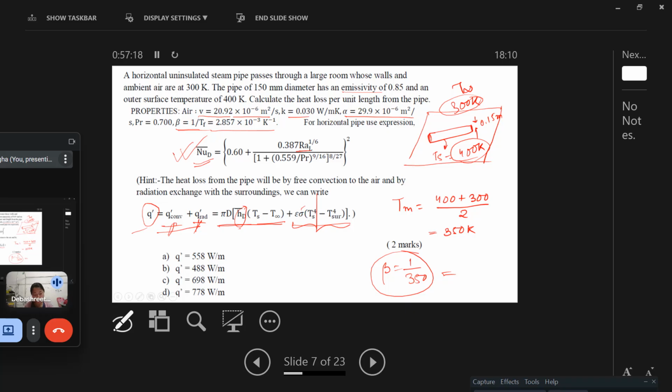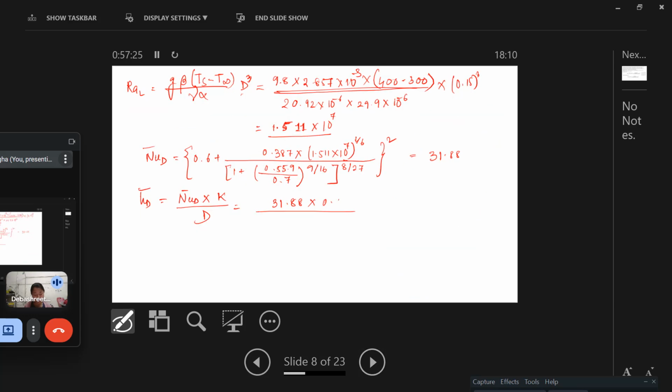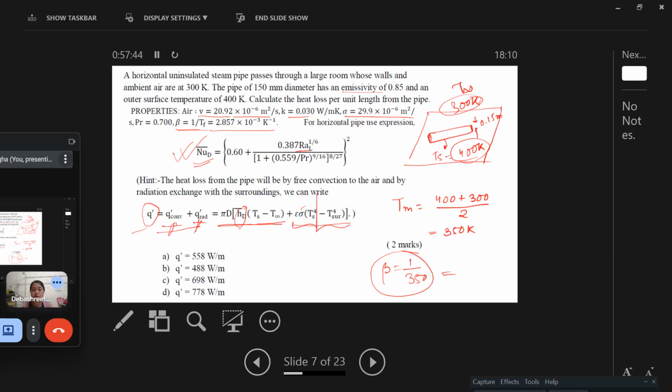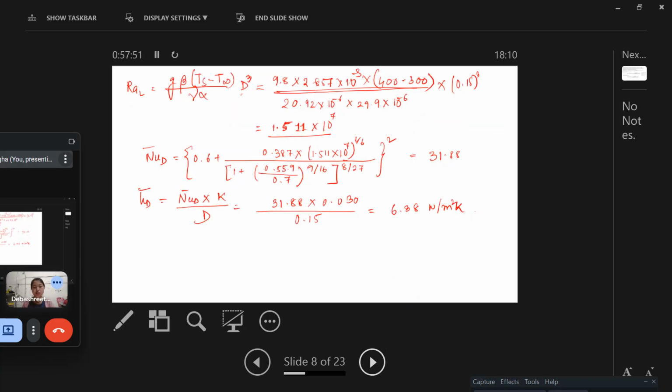It is given as 0.0303 for air, and the diameter is 0.15. So here we calculate it as around 6.38 watt per meter square Kelvin. And if we substitute all this in this equation, Q equals Q convection plus radiation, equal to pi D h_D.